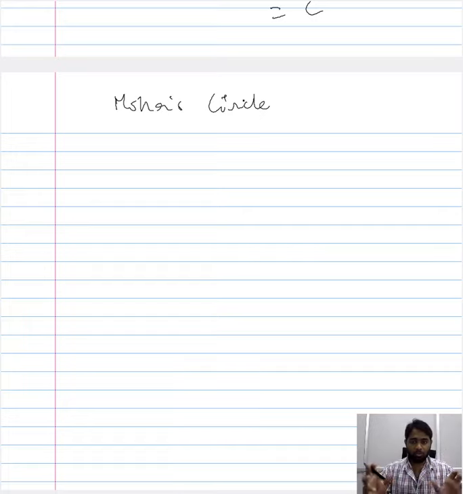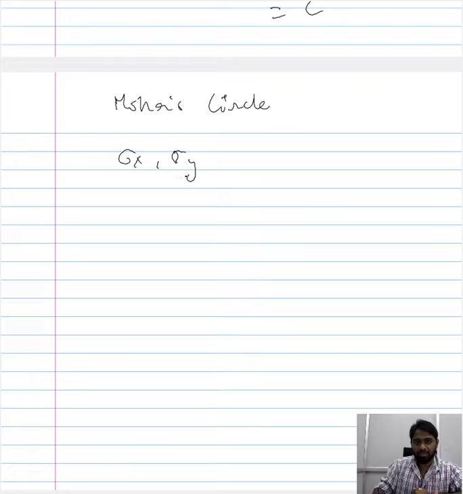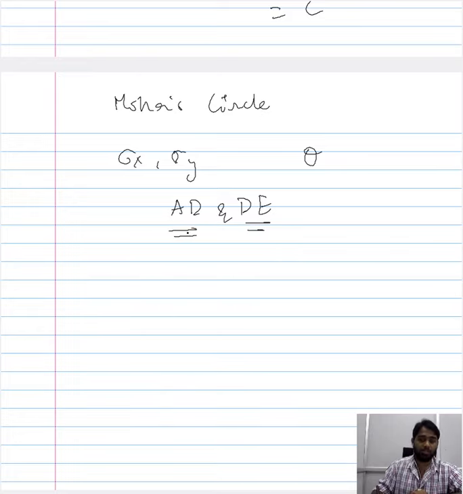So once you are able to accommodate the stress condition, that is sigma x and sigma y, within the graphical representation, and also include the angle of inclination theta, then you would be able to arrive at an expression by considering two segments, which in our case were AD and DE. By considering these two segments, we will be able to arrive at an expression for the normal stress and the shear stress component that is experienced by the region of our interest.